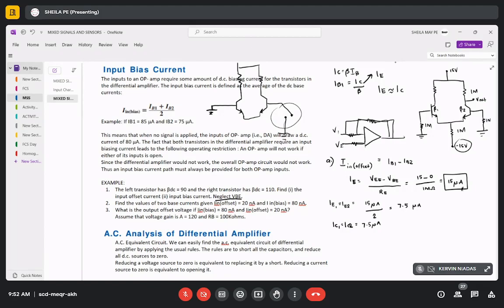Now, in getting our base current, we have IC over beta. We need to get our IB1. Our IC is 7.5 microamperes divided by beta 1, which is 90.